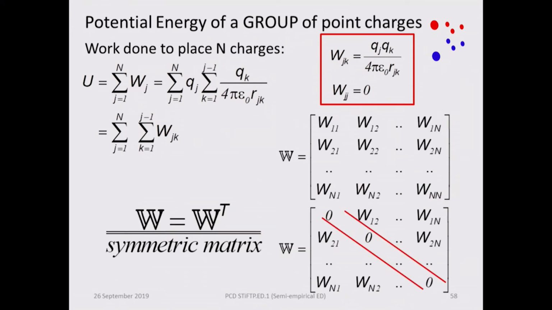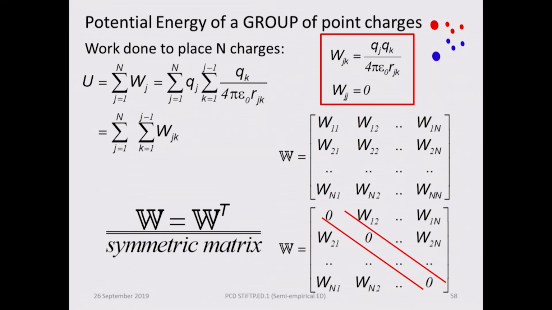You can write this in terms of a matrix W, which is obviously a symmetric matrix with diagonal elements being 0, okay, because we have already discussed that wjj is always 0 for every value of j.